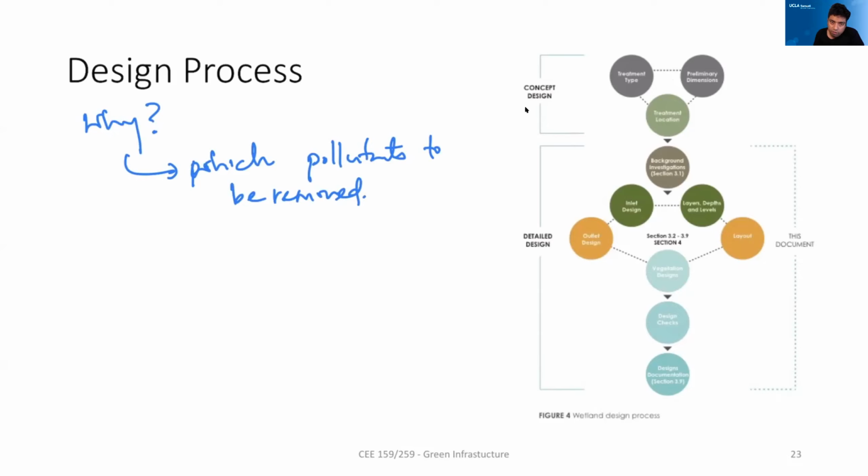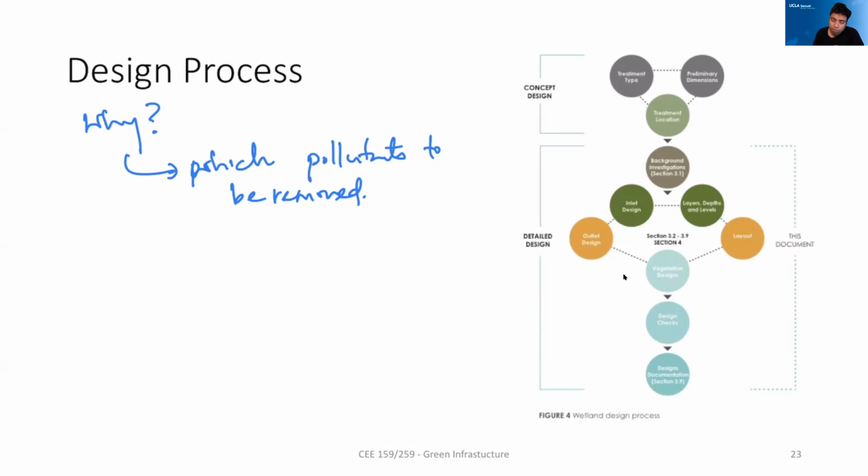For instance, if your goal is to remove nutrients, you don't really care about the ponds because you need more plants, so you can add more vegetation. If your goal is to remove pathogens, you don't care about vegetation; you're just going to put in more open space. So that design objective is important.